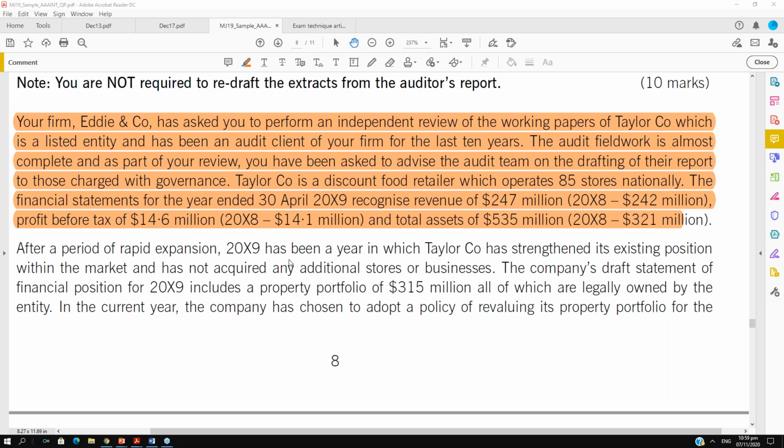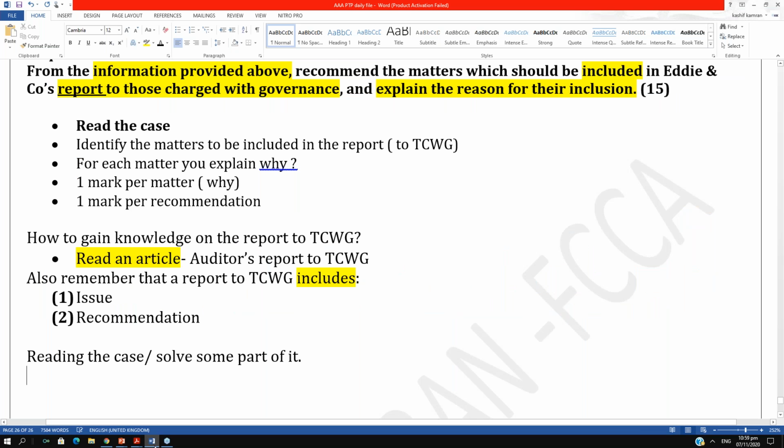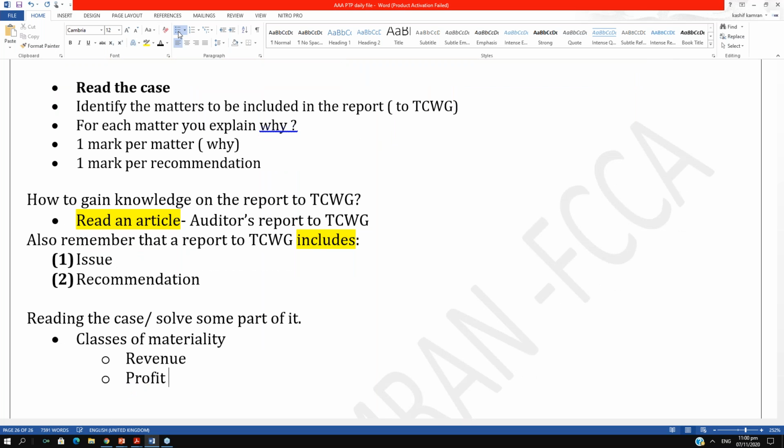Okay, I think the only important information in the first para is the classes of materiality, which can help us later to find the materiality. Revenue, profit, and assets, right?